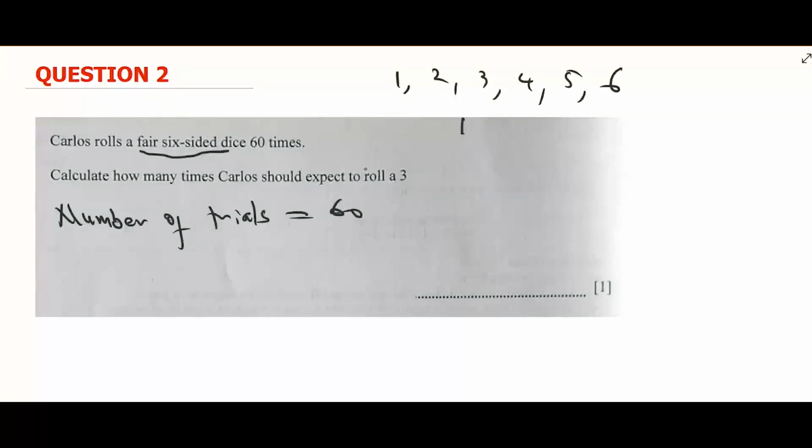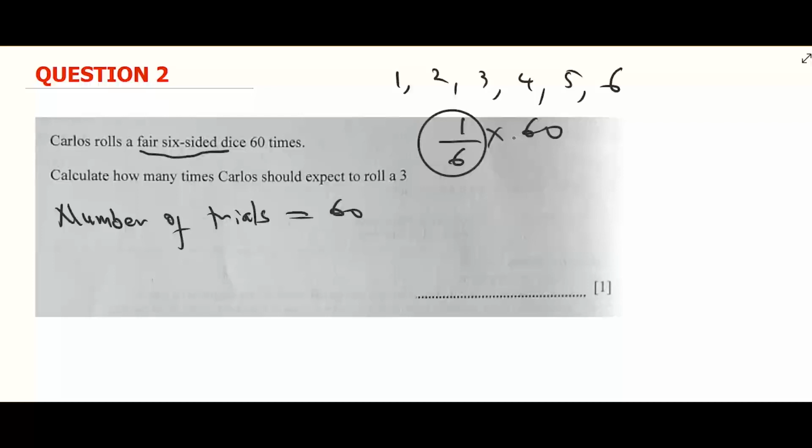Now if you want to know the number of times it will show up if you roll the dice 60 times, it will be 1/6 times the number of trials. This 1/6 means it can only show once if it is rolled once.